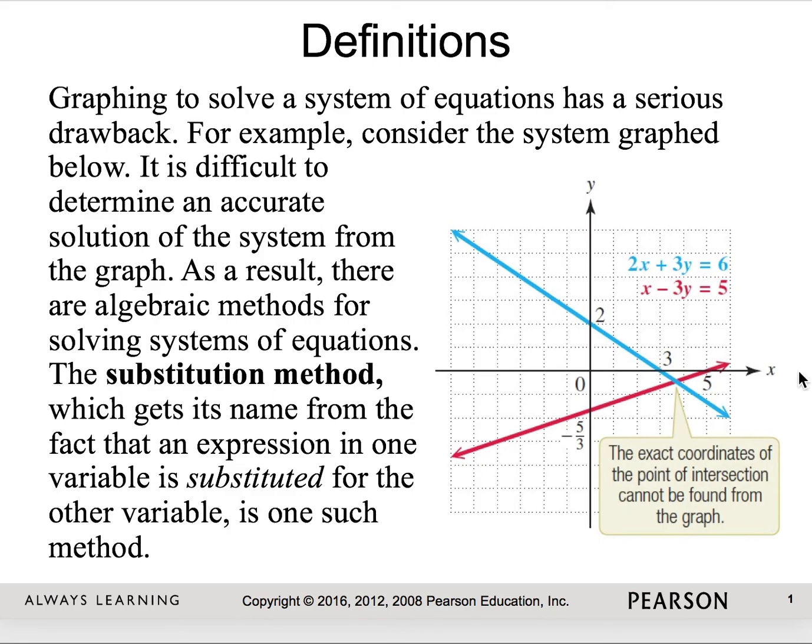Okay, now we're going to look at solving a system of linear equations in two variables, right? So they've got an example here, 2x plus 3y equals 6. This is the solution for that equation. But if I have another equation, here's the solution for it. And if I have a system, in other words, these things have to be considered at the same time.